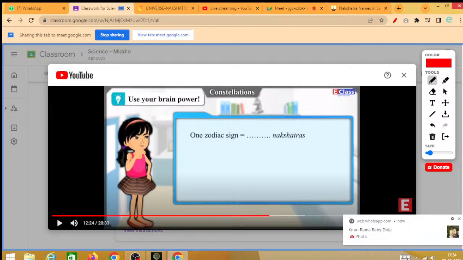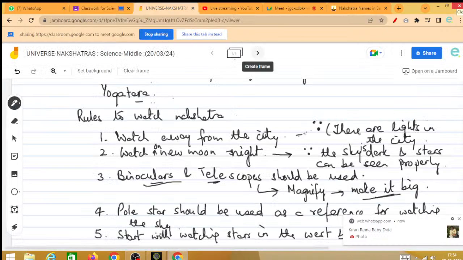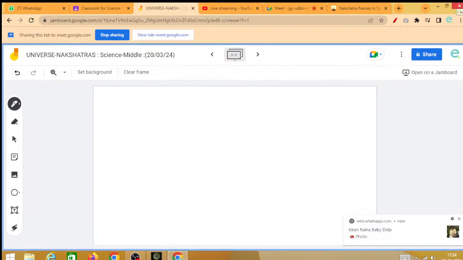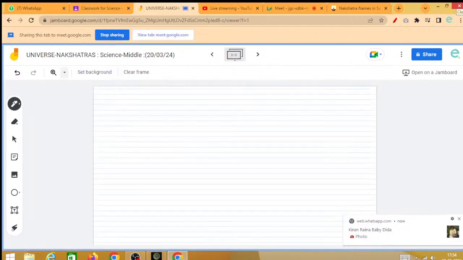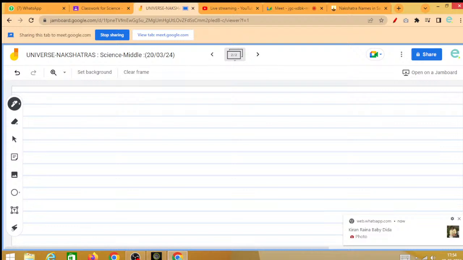Just don't give me random numbers. 13 degrees 20 minutes. See, one zodiac sign is how much? I'll write on this. You can always calculate. This is pure mathematics.